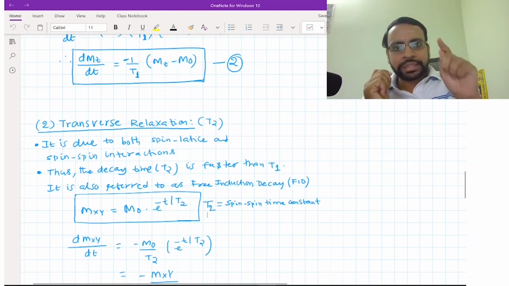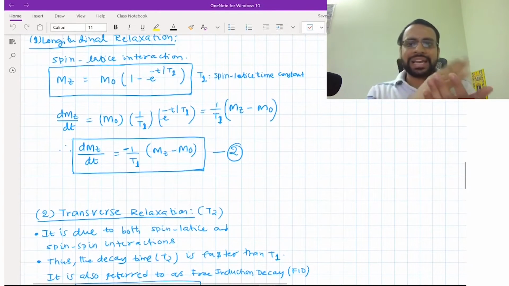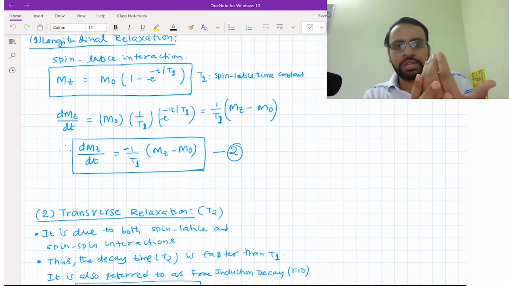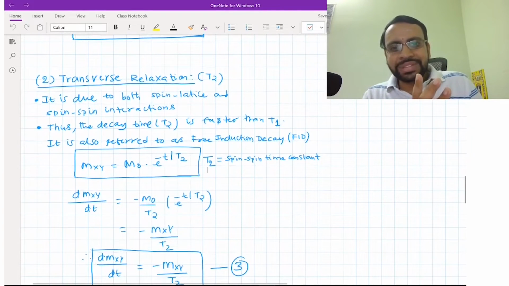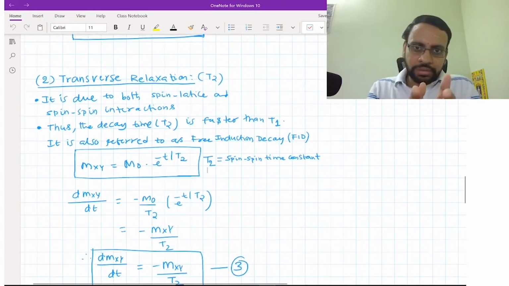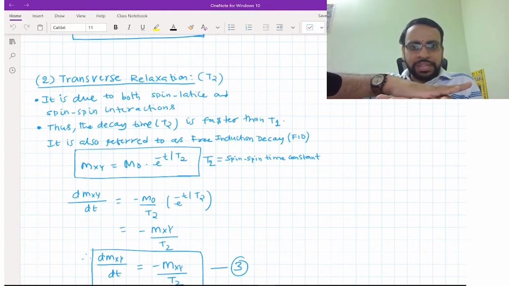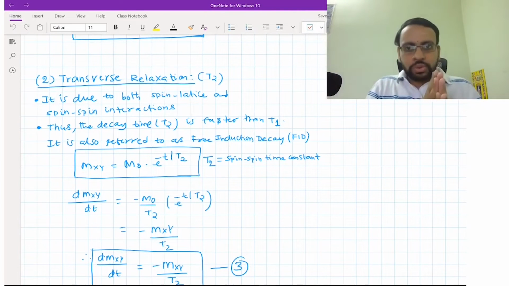Notice here the time it takes for the longitudinal relaxation, in other words, for it to come back to M naught, is going to be different from the time it takes for the transverse relaxation, in other words, for the magnitude in the xy plane of this magnetic field to become 0. The reasons are twofold.